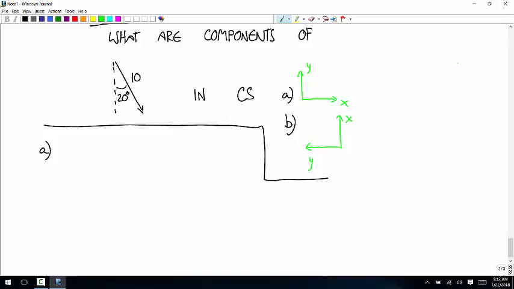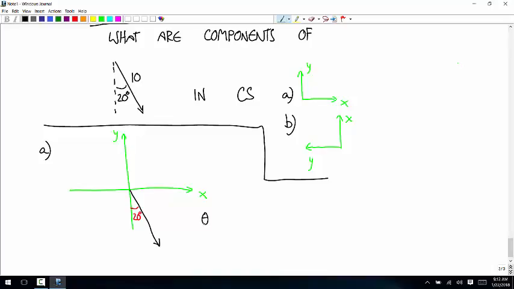Okay, so first, the one that we've always been familiar with. So I'm going to take this vector without rotating it and just move the tail to the origin. So this angle is 20 degrees. And the magnitude is 10. So what's the counterclockwise angle to get from the positive x-axis to that vector?